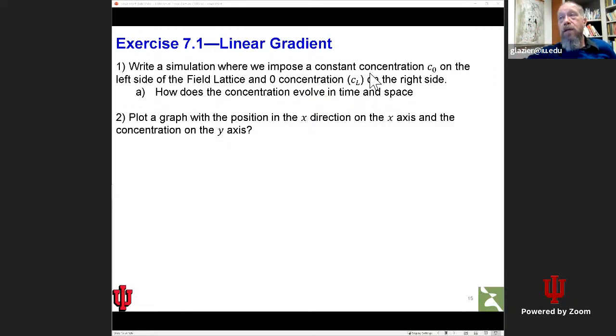And the next thing that I would ask you to do is to plot a graph where you go across the field from the left to the right, measure the concentration along the middle, and plot the concentration versus position on the y-axis.